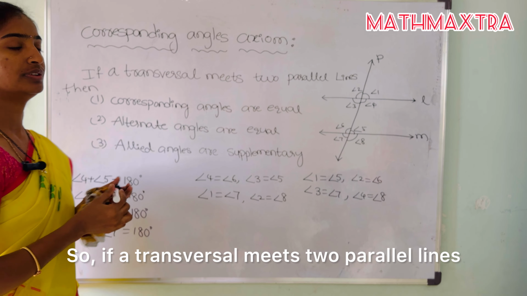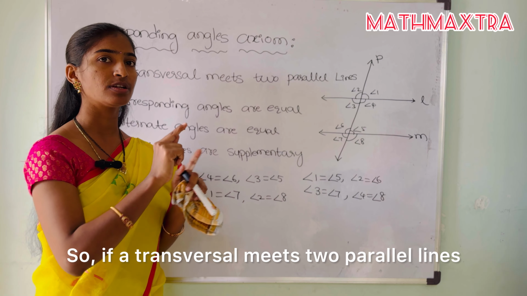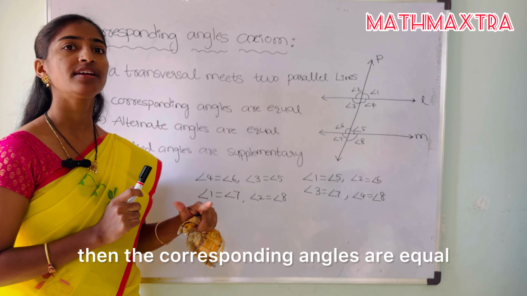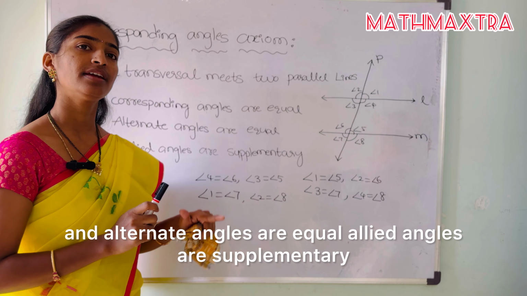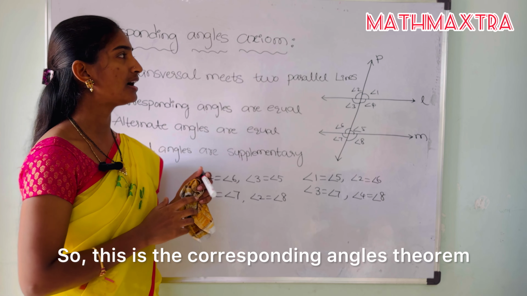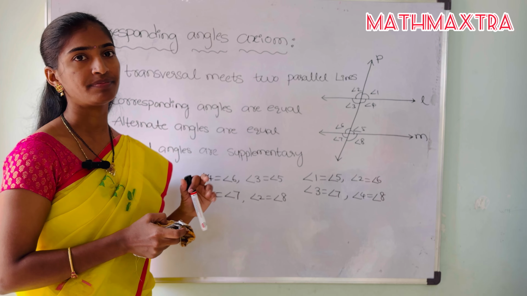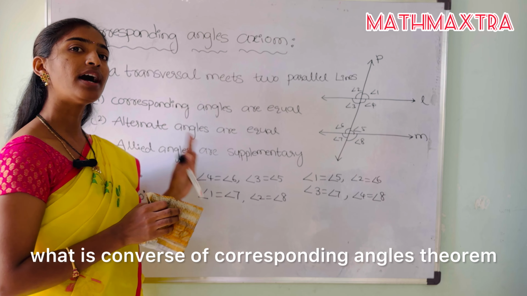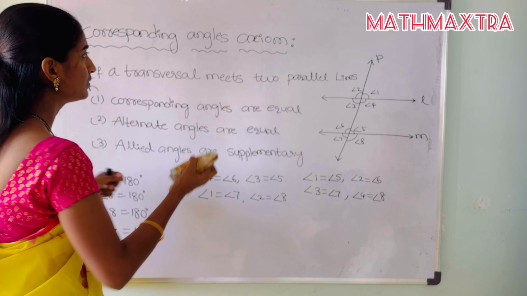So if a transversal meets two parallel lines, then the corresponding angles are equal, alternate angles are equal, and allied angles are supplementary. So this is the corresponding angles theorem. The next one we will see is the converse of the corresponding angles theorem.